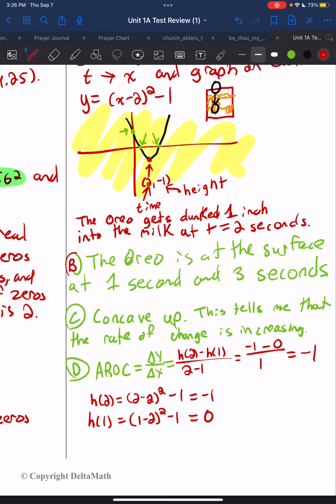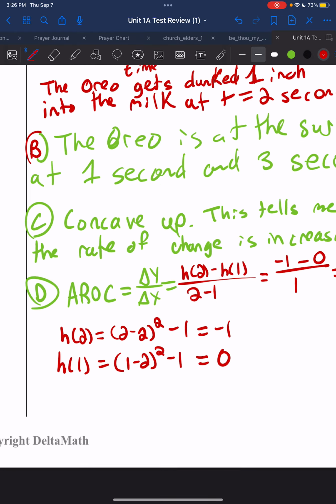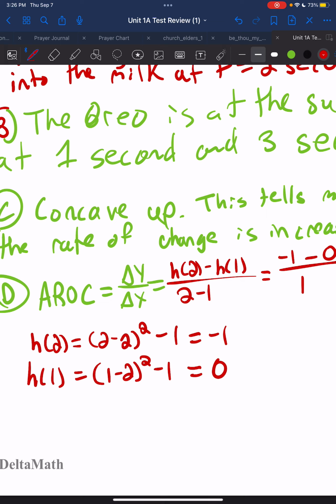And then for part D, it also tells us to write your solution in context, which means this. It's telling me about the rate of change. The rate of change here is how fast I'm dunking the Oreo, the speed of my dunk.